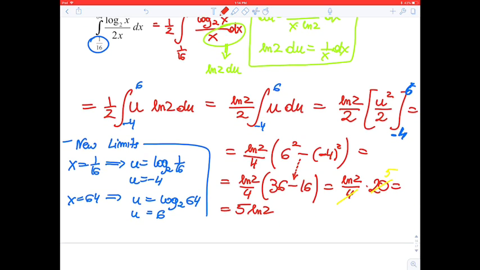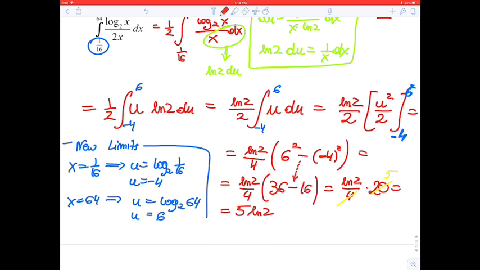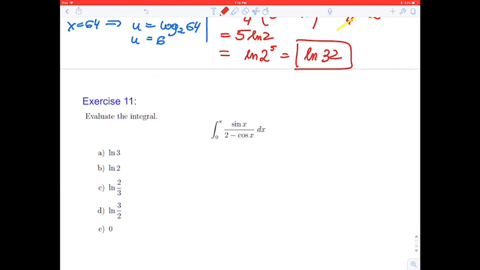We can also apply that 5 as an exponent. ln of 32. 2 to the power of 5 is 32. Okay, really nice integral. And I do have one more, and hopefully you will master all of these integration skills.